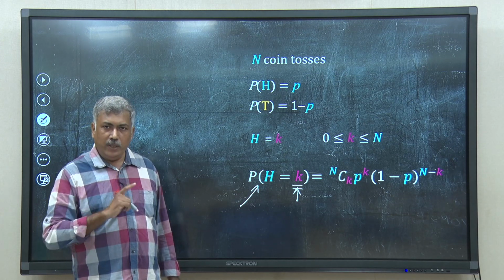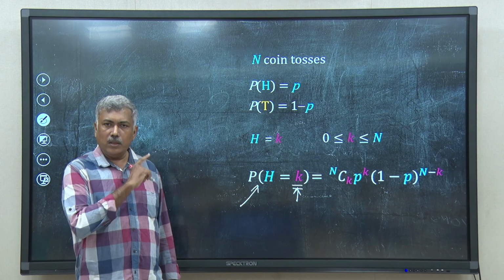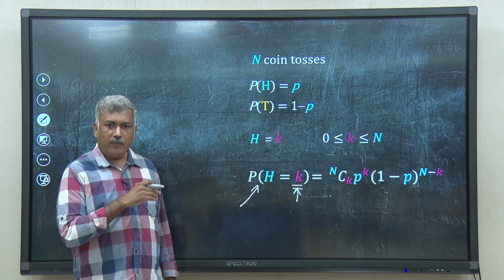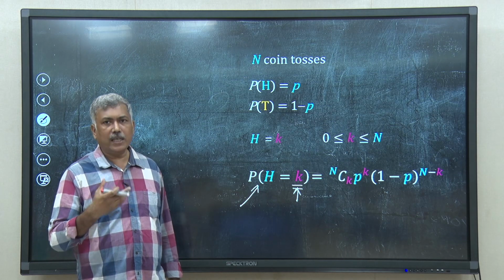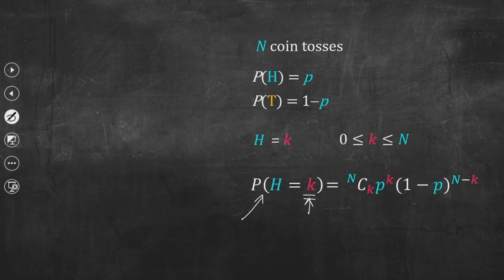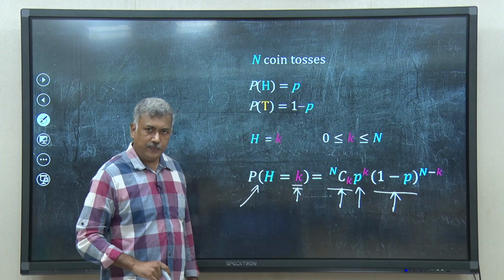So, if I use the method that we have used earlier for the specific value, 2 heads out of 4 coin tosses, this probability will be equal to n choose k into p to the power k into 1 minus p to the power n minus k.